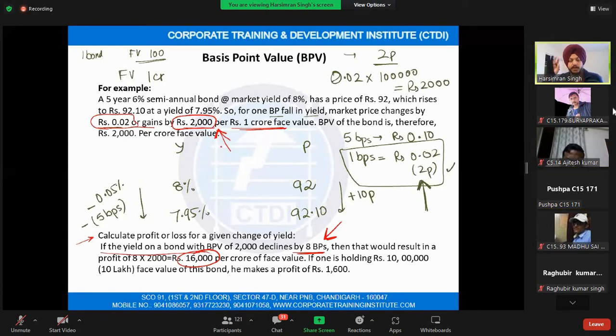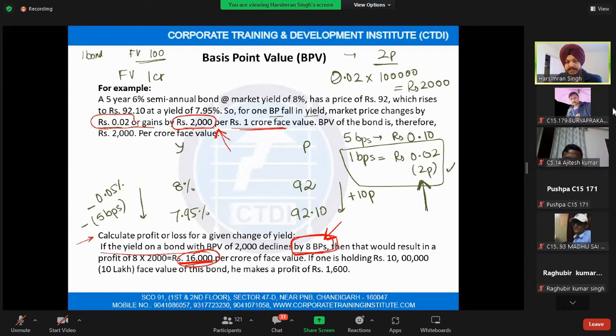For a 1 crore portfolio, the change will be 2000, right? Yes sir. Now he says if the yield on this bond actually declines by 8 basis points, this is the reality, he says. So that means the portfolio value will change by 16,000.